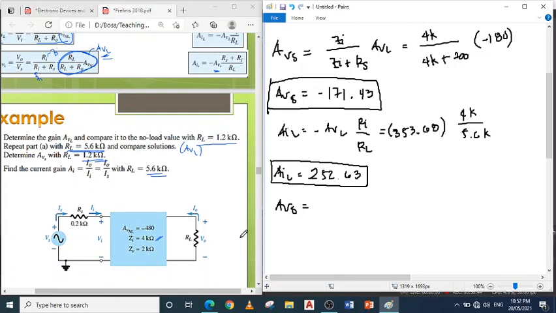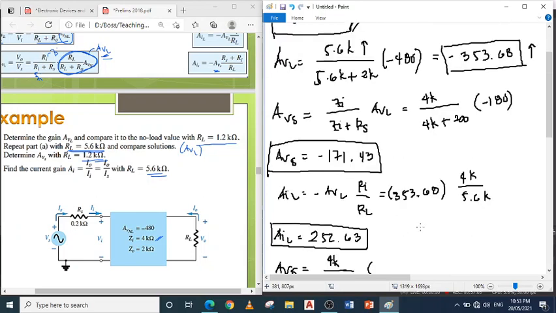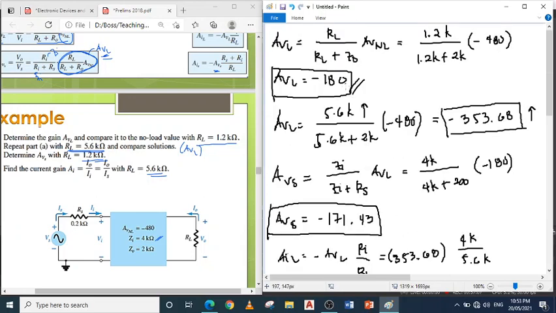Ang ZI natin, 4K divided by 4K plus 200 times AVL, hindi AVO. Pangit ng sulat ko kasi eh. AVL. Anong AVL natin? With 5.6.